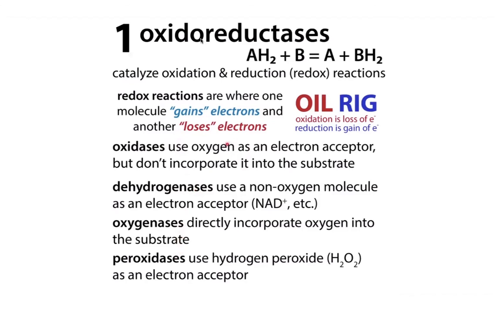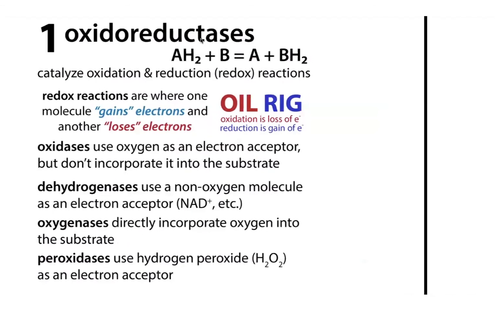You don't need to worry about how we differentiate between an oxidase and a dehydrogenase at this point. This is just to point out some of the common names associated with the oxidoreductases. For now, what I care about is that you're able to recognize when oxidation and reduction are occurring.